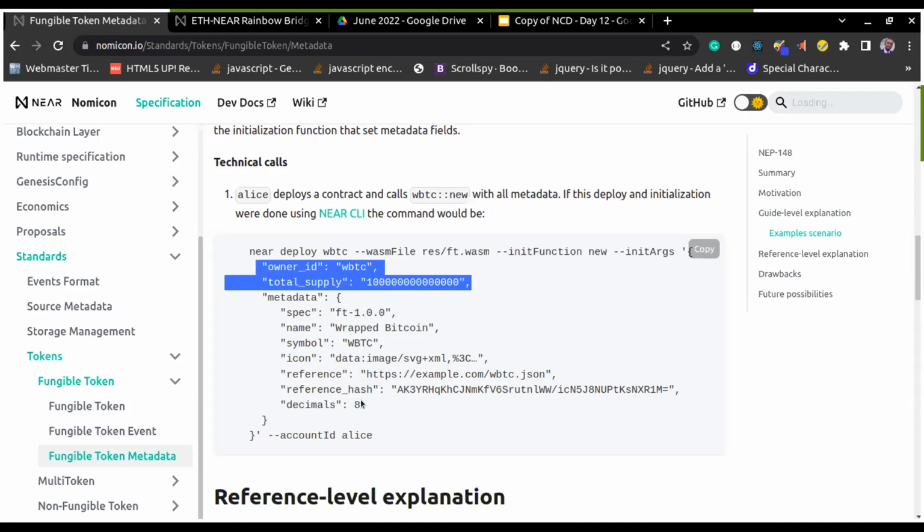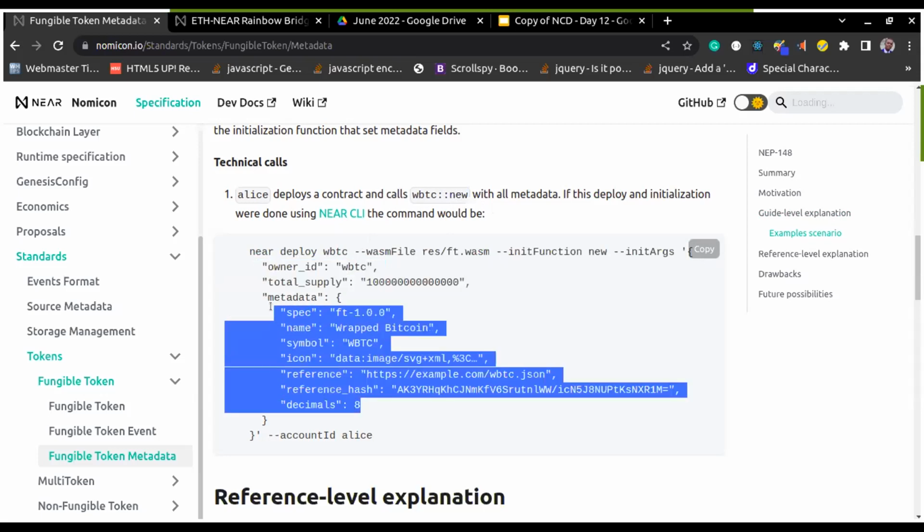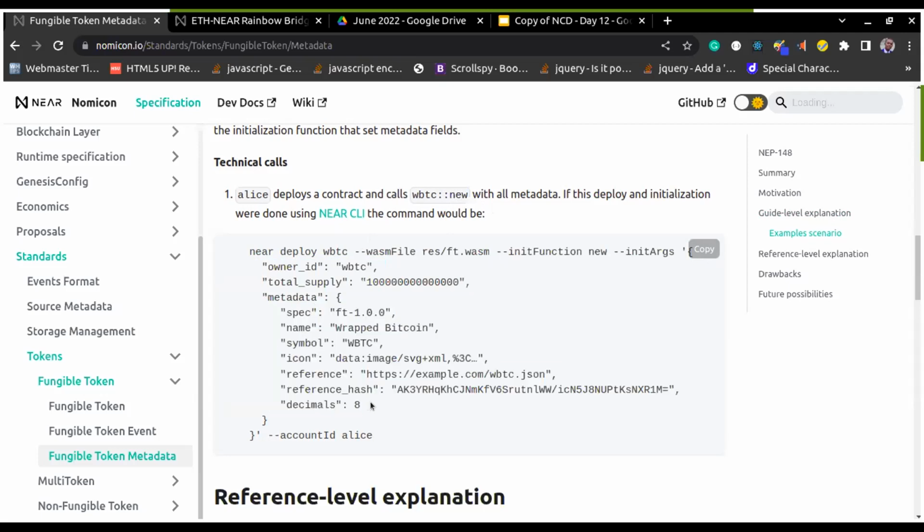And now to our metadata, we've been given some attributes that we can include, or what we must include within the metadata. But there are some other things you can include, which may not be appearing here, just to give some more explanation about our token.